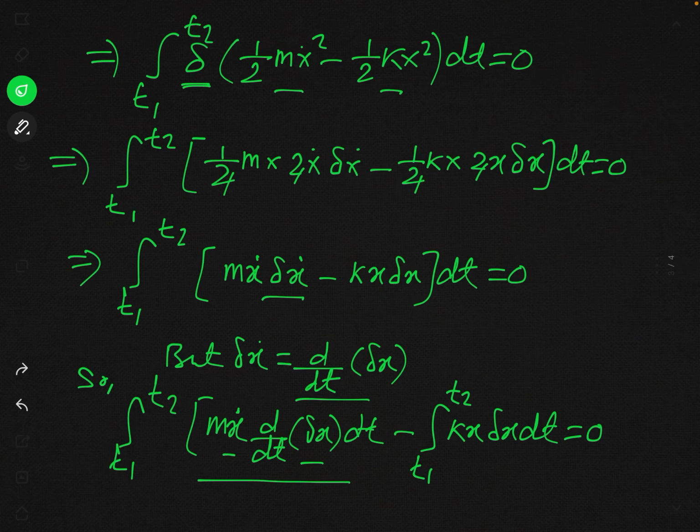In integration by parts we write the first function. So the first function will be x dot, m is constant, so you can write mx dot, and the integral of the second function, the integral of d dt delta x with respect to t, will be simply equal to delta x, because this is the differential of delta x, and the integral of the differential of delta x is simply delta x.